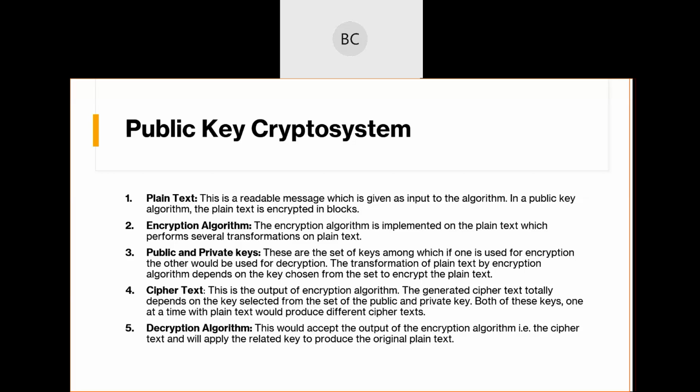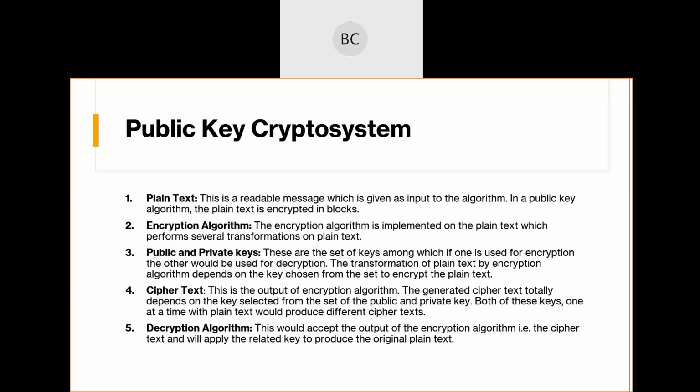I know what is written here is 5, but I am saying 6. Six is because we have two keys now, one public key and one private key. In the case of symmetric key, there is just one key, and that key is shared between both parties. Here there will be a set of keys, among which if one is used for encryption, the other would be used for decryption. Next is the ciphertext.